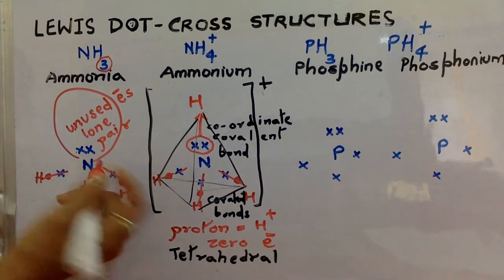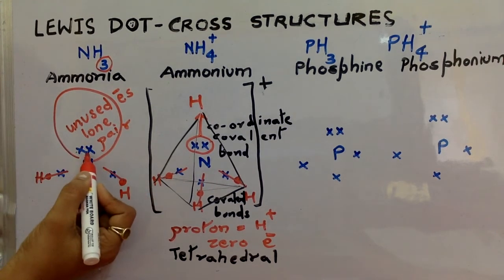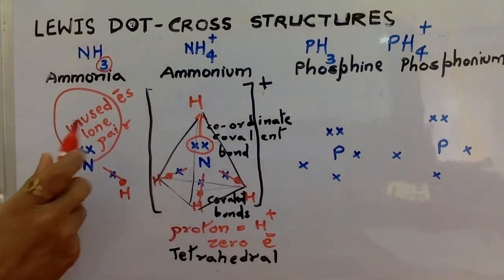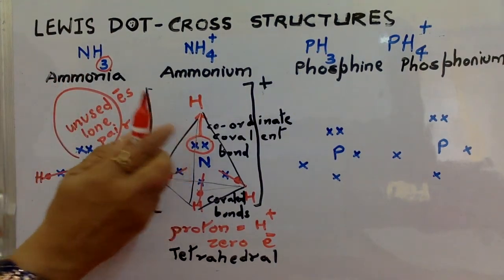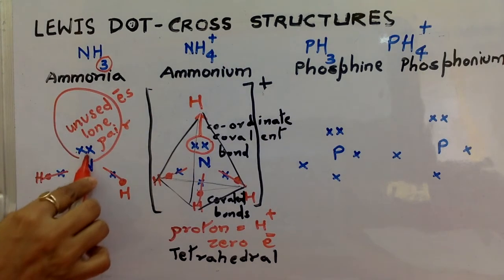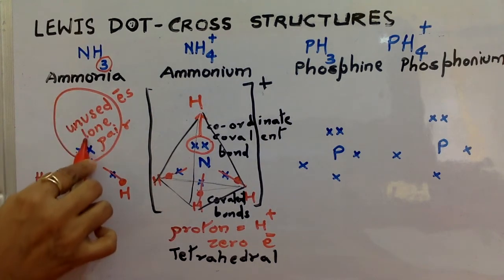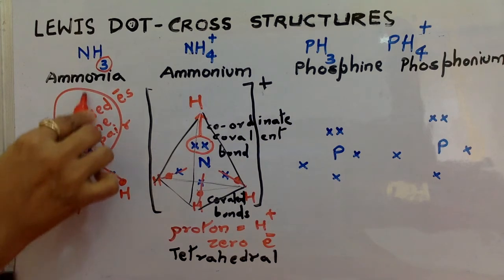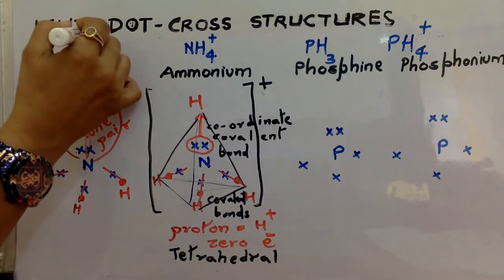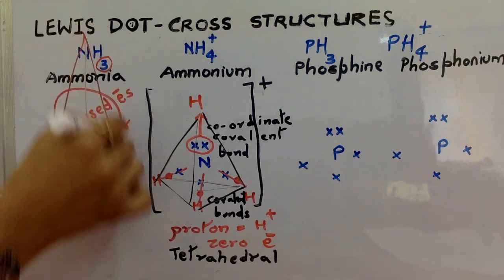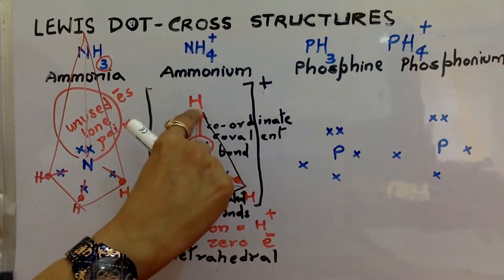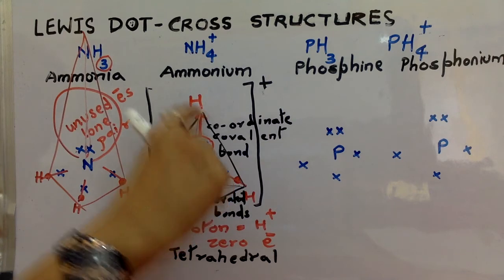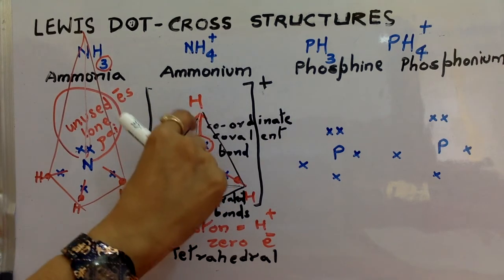But in this case, this is a lone pair. It is an unused electron pair, and hence it is full of energy. It experiences more repulsion than the bonded pair. So because of repulsion, this orbital is far ahead, and the structure looks something like this. It does not have this bond length because these electrons are used.